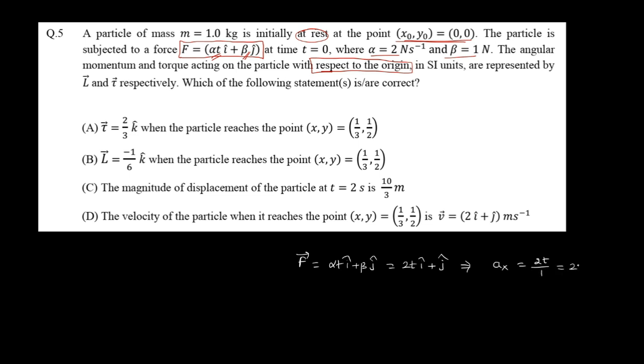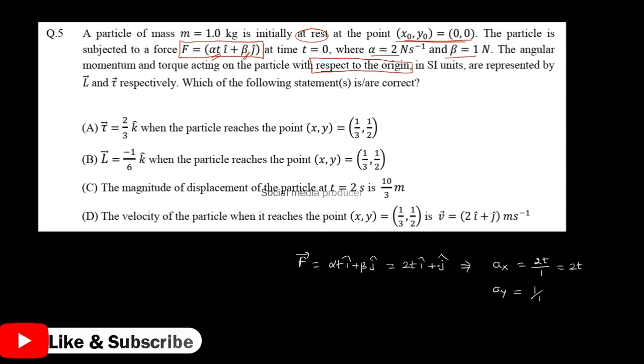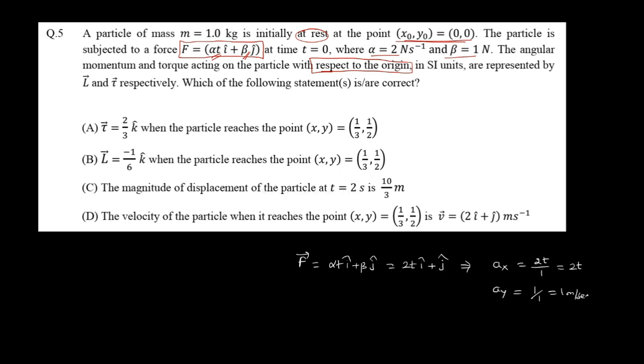The acceleration along x we got is 2t, and the acceleration along y is simply 1, which is a constant acceleration. The component of force is 1 and the mass is also 1 kg, so it is 1 meter per second square if you want to write with units. So I got ax and ay.